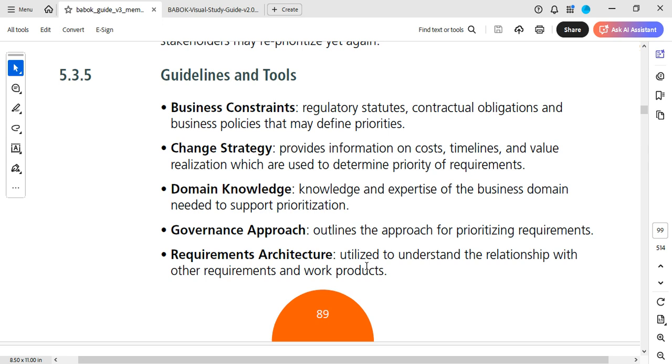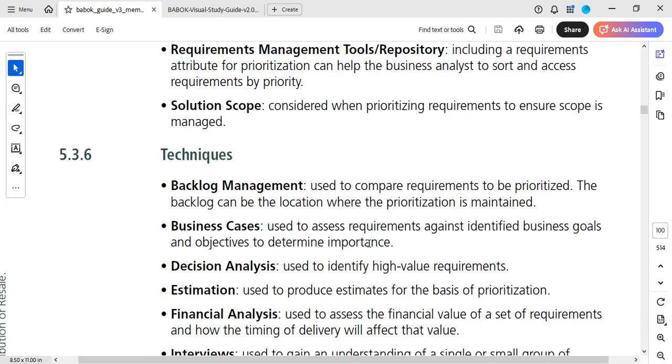Governance approach outlines the approach for prioritizing requirements. Requirements architecture is utilized to understand the relationship with other requirements and work products. Requirement management tools and repository, including requirement attributes for prioritization, can help the business analyst to sort and assess requirements by priority. Solution scope is considered when prioritizing requirements to ensure scope is managed.